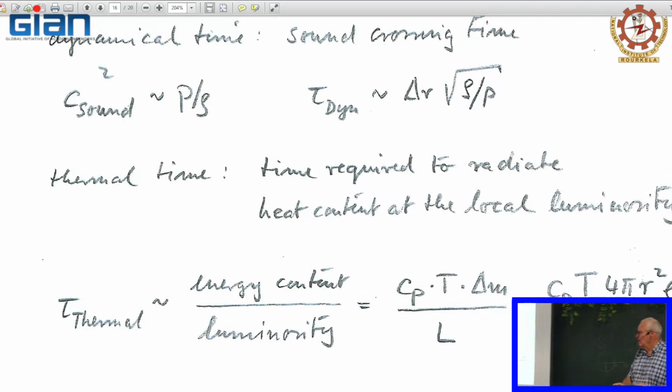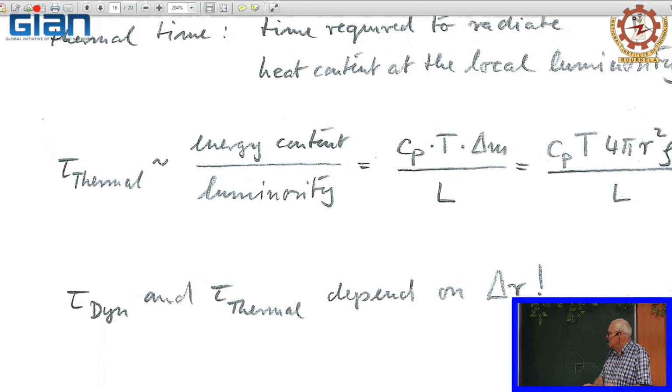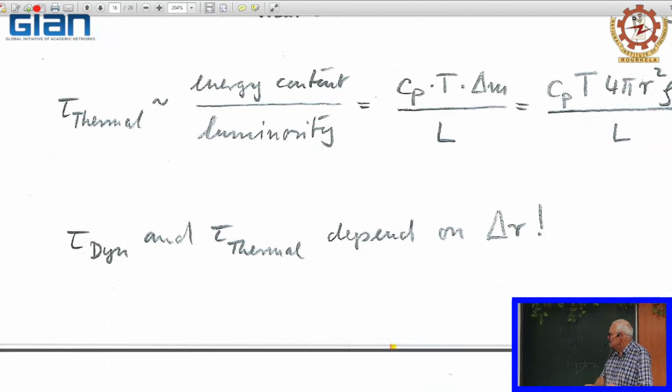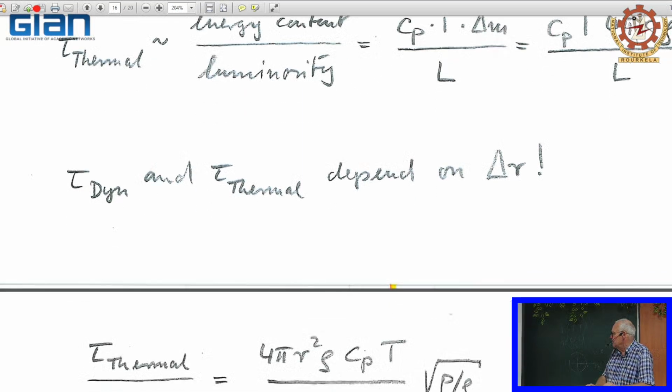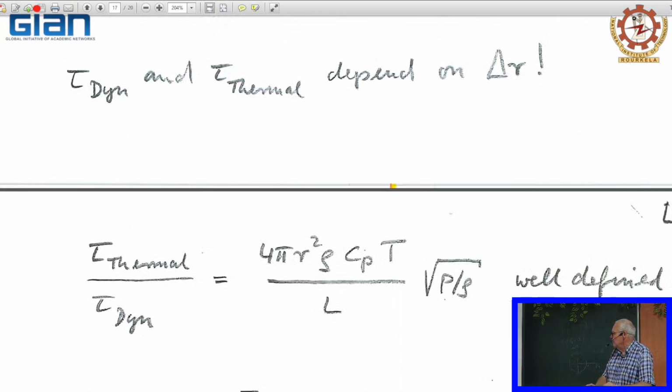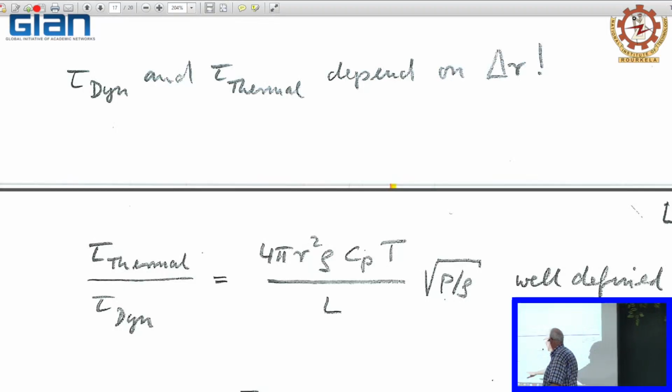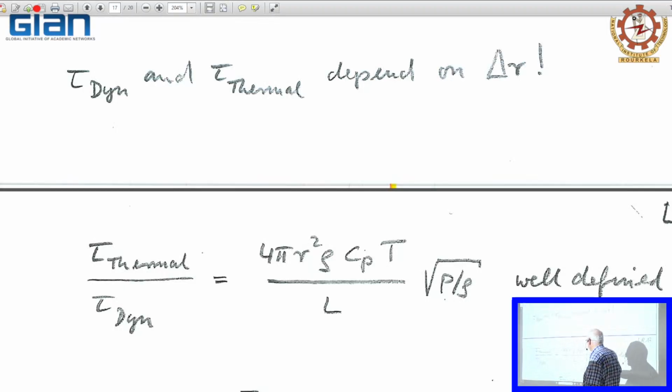So let's go to the ratio of dynamical and thermal timescale. The dynamical and thermal timescale depend on delta R, and we have a well-defined quantity which is the ratio of thermal and dynamical timescale, which is given then by the ratio of the quantities I have shown before. This is a well-defined quantity.